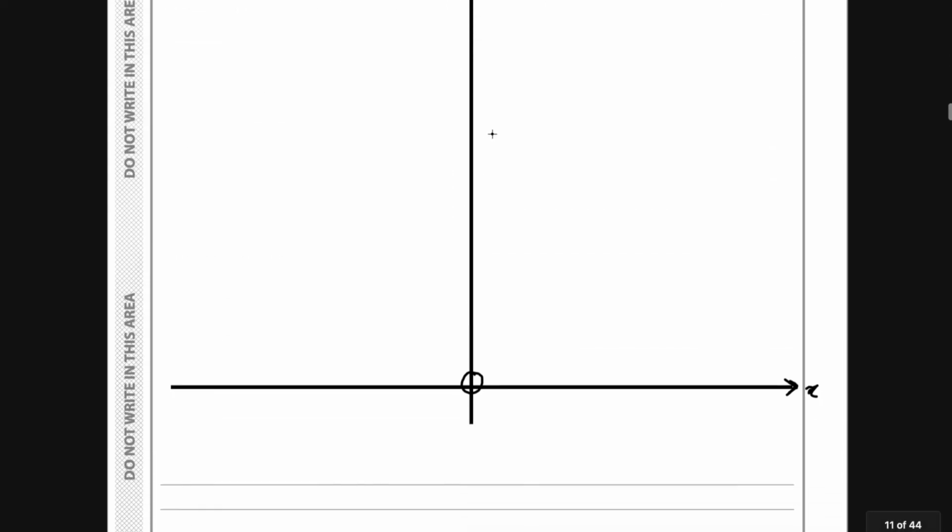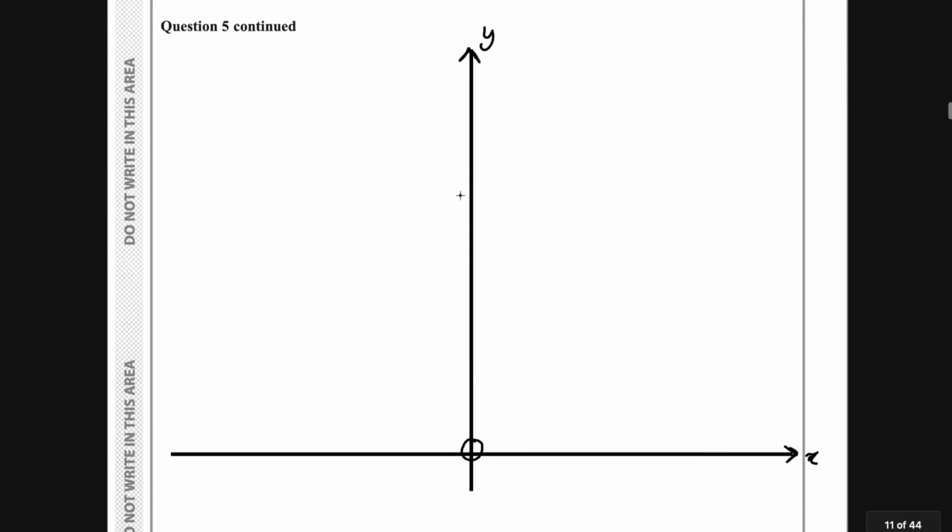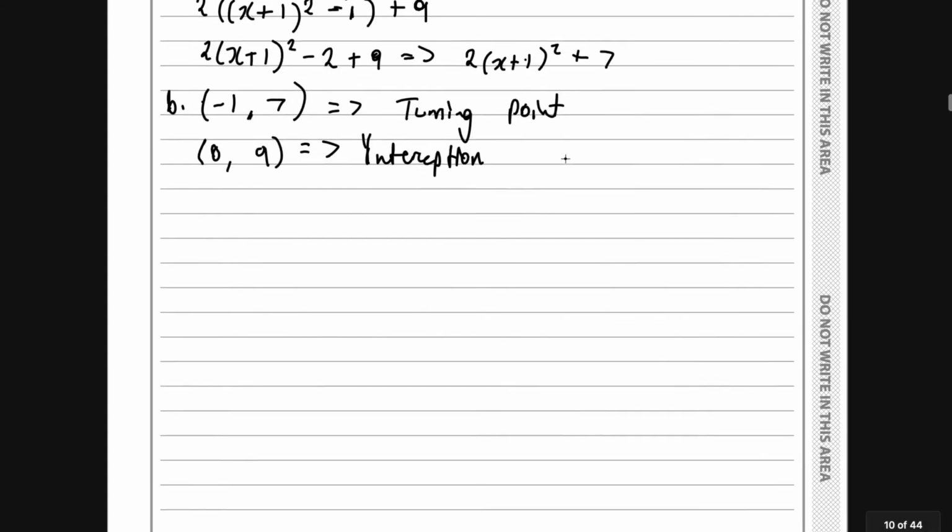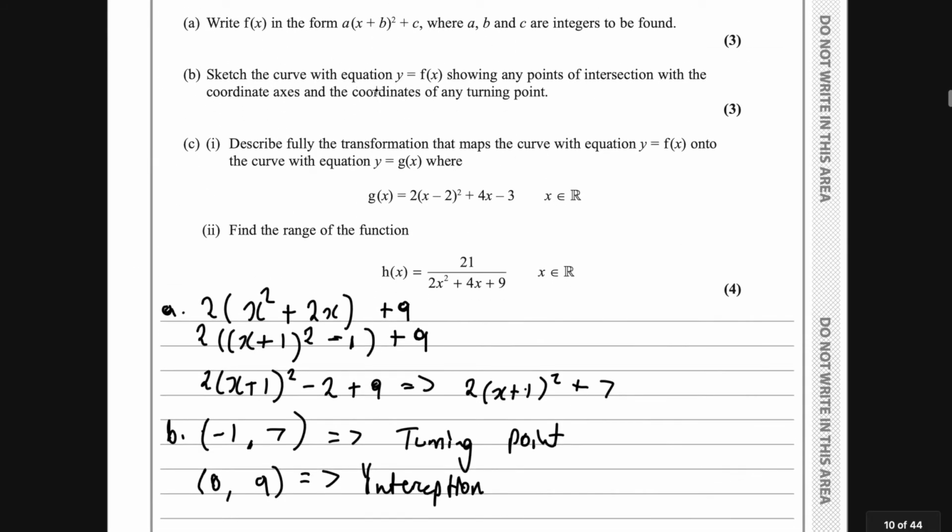So what I've got here is a set of axes, okay, and immediately I want to get the turning point right. So here we've got minus 1, I'll call that minus 1. And we've got 7 here. And remember, guys, the question itself tells us to sketch the curve.